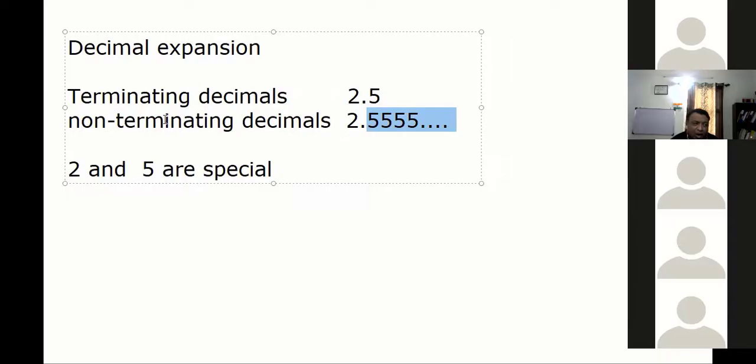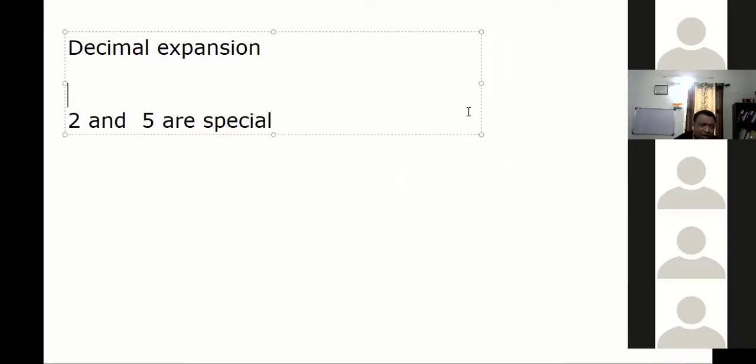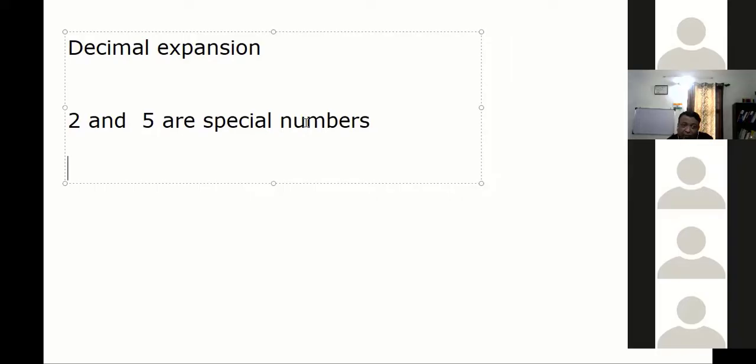Correct? Now, there is a very important concept: 2 and 5 are very special numbers with respect to terminating and non-terminating. Listen very carefully. Suppose you take 7 and divide by 2, you get 3.5.